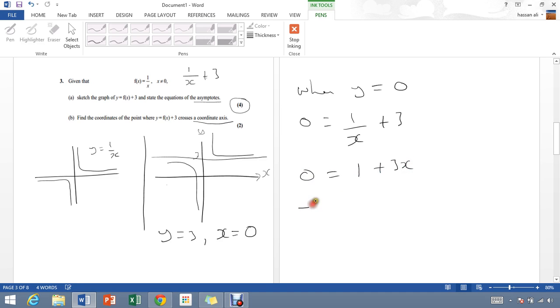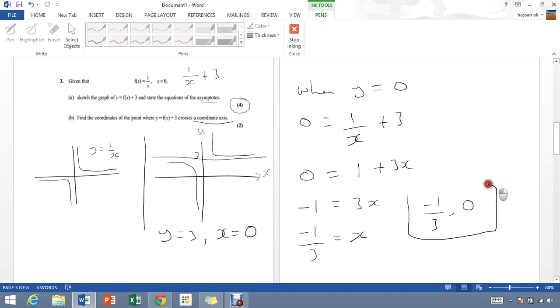If you take that 1 across, it becomes a minus 1, and divided by 3, so minus 1/3 equals x. So therefore the coordinates of the point where this graph will cross a coordinate axis, meaning the x-axis here, will be minus 1/3 and 0.